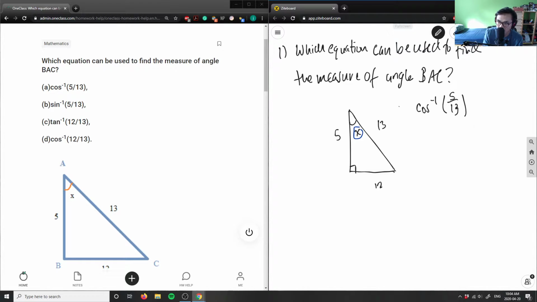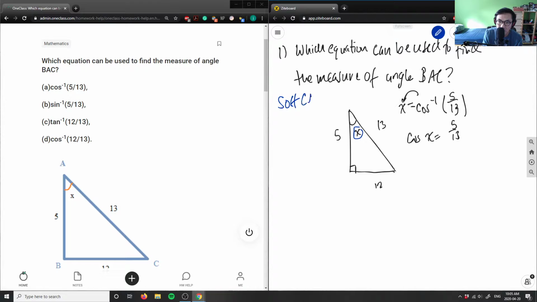So x equals inverse cos of 5 over 13. If I took cos and put it back on the left side, I would get cos x equals 5 over 13. We know our trigonometric ratios: it's SOHCAHTOA.